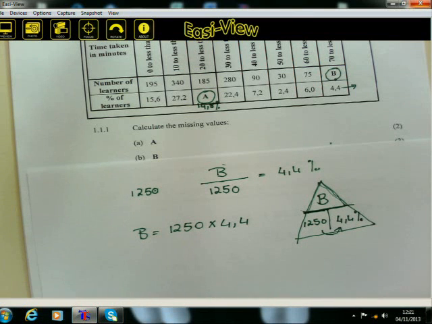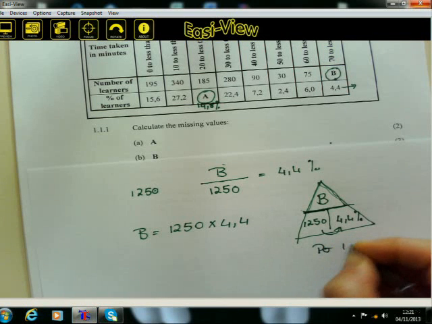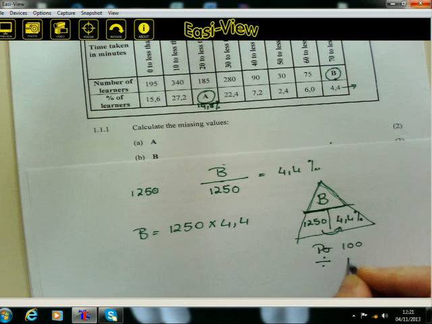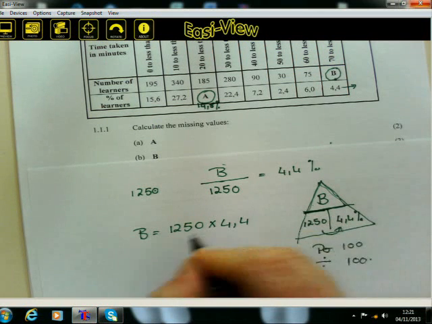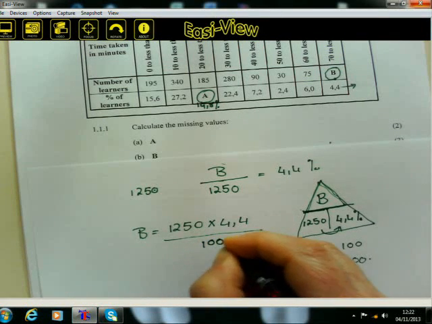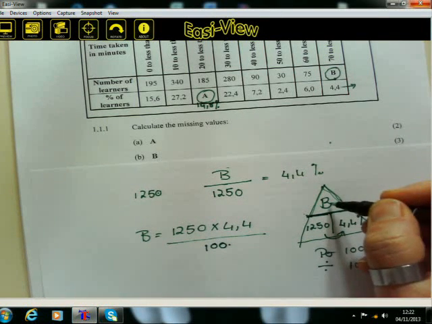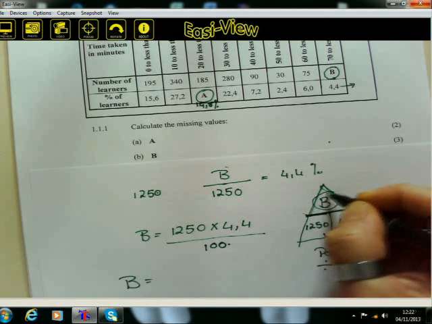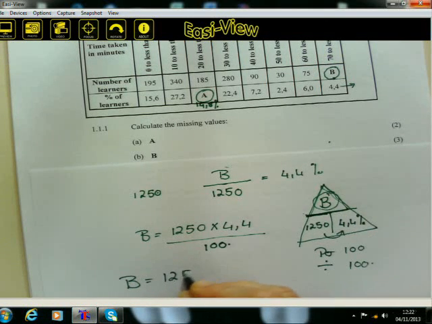4,4%. But grade 12, you must remember that percent means per 100. Per means divide by 100. So if I want to get the percentage here, I need to divide by 100. So the triangle showed me that to get B, I must say 1250 multiply 4,4%.